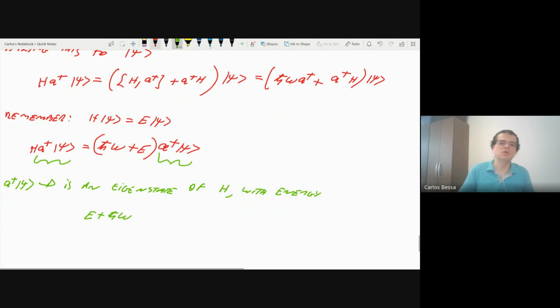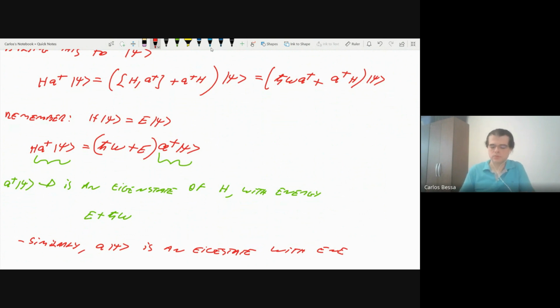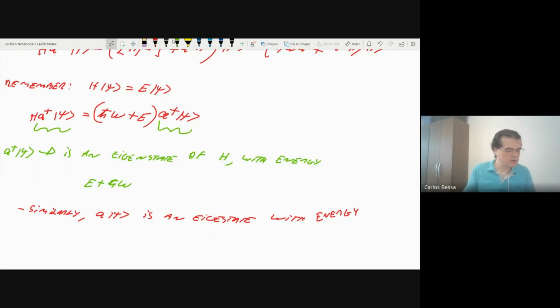And similarly, A psi is an eigenstate with energy E minus H bar omega.